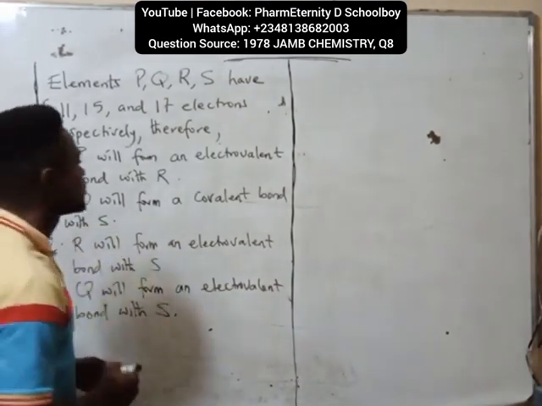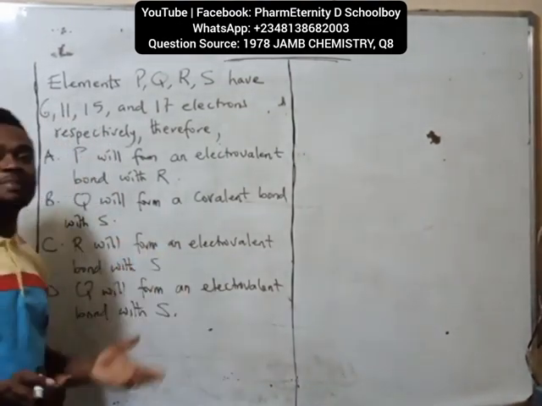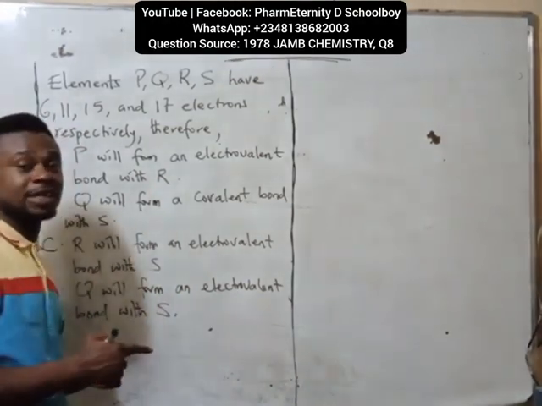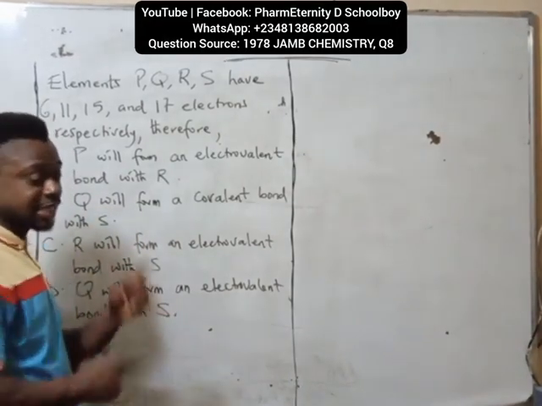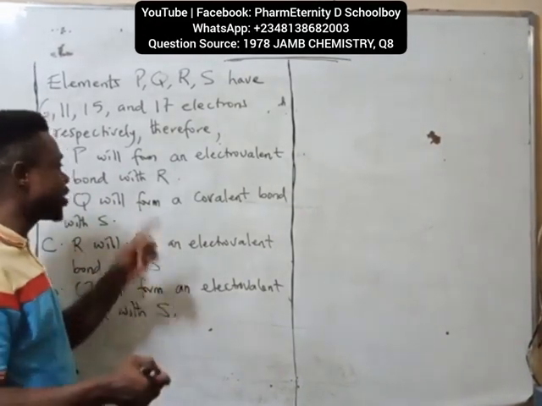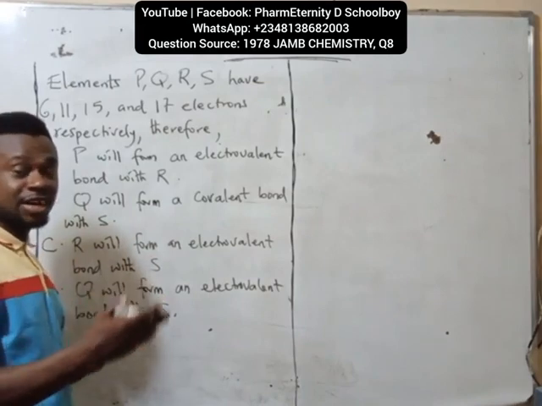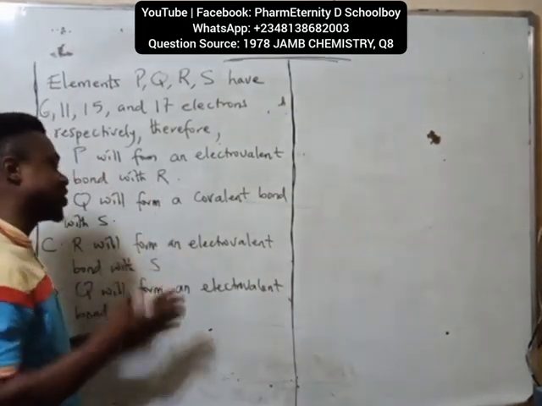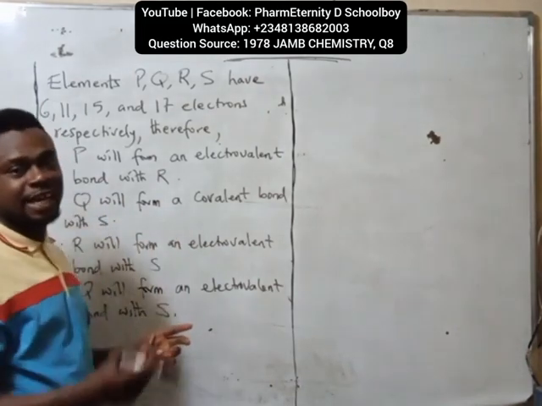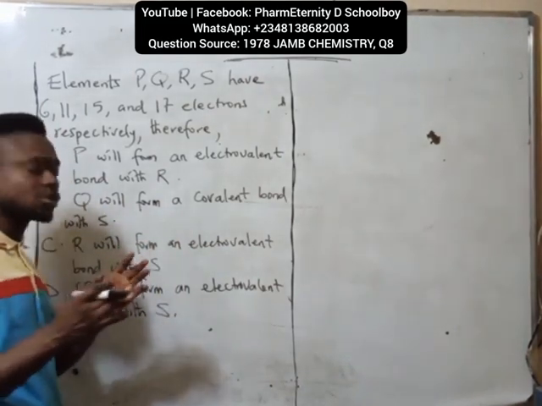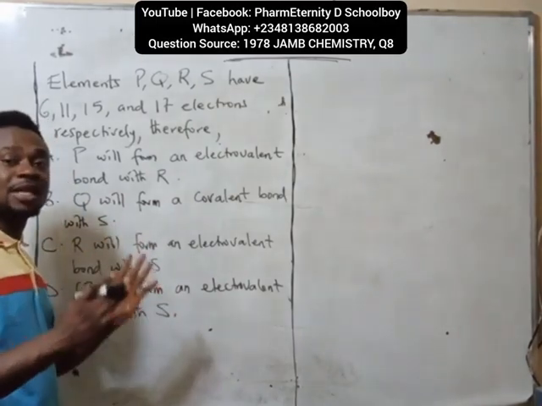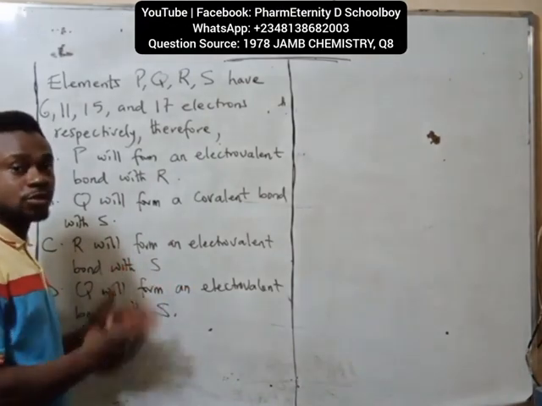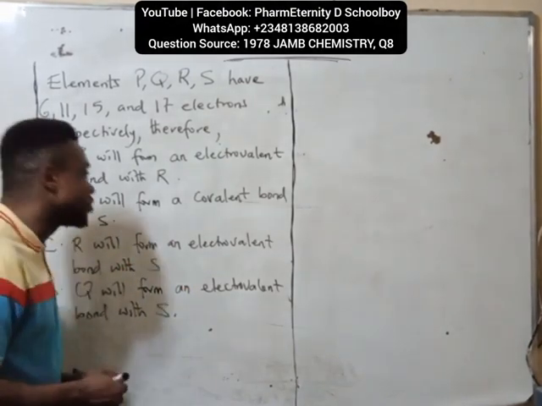Remember, in electrovalent bond there is a transfer of electron in the outermost shell. But in covalent bond, there is sharing of electron. All these things, whether they are sharing electron or transferring electron, the aim is to get a stable configuration, either octet or duplet.